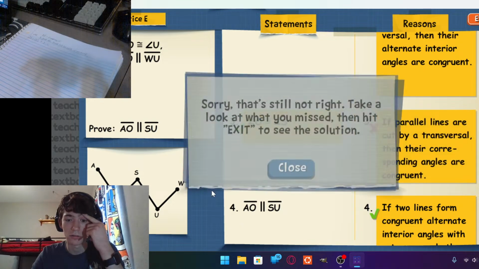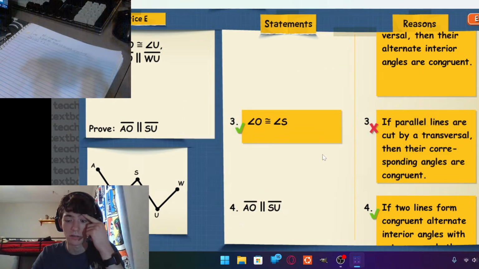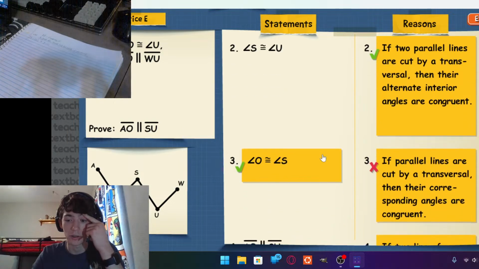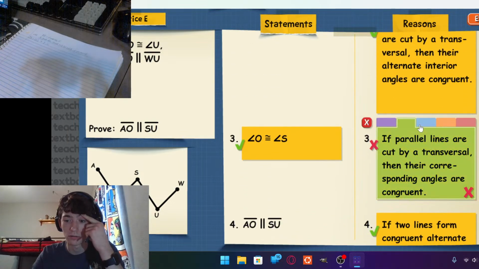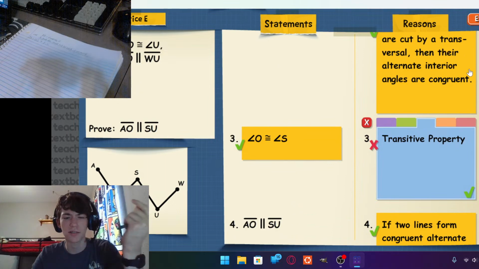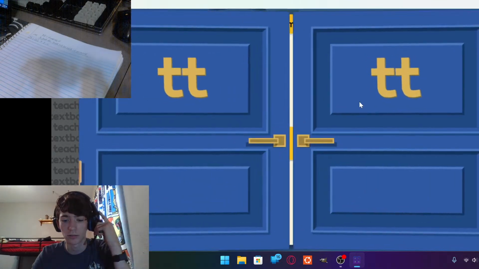This better not be it. Frick, what did I miss? Oh, it's just this one. Which one was right? Transitive property? Whatever.